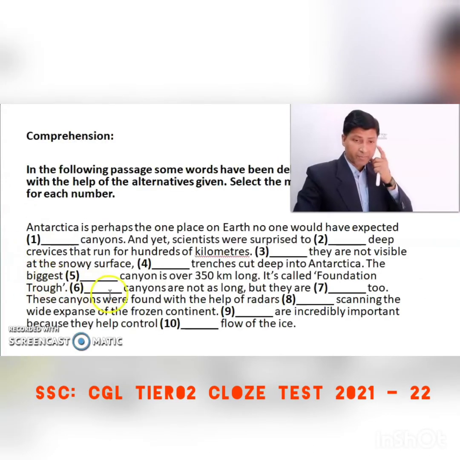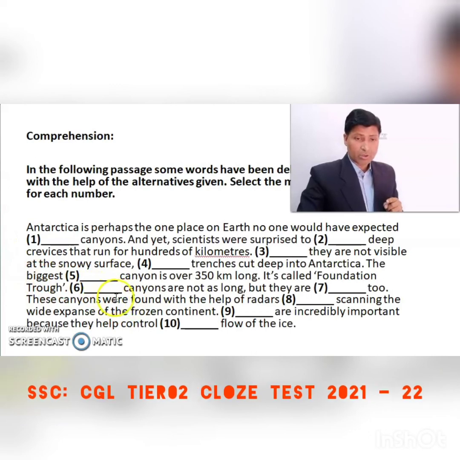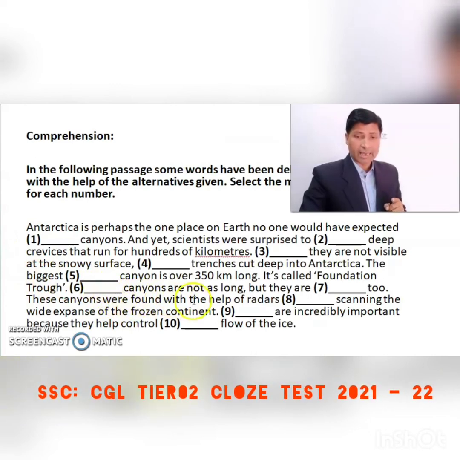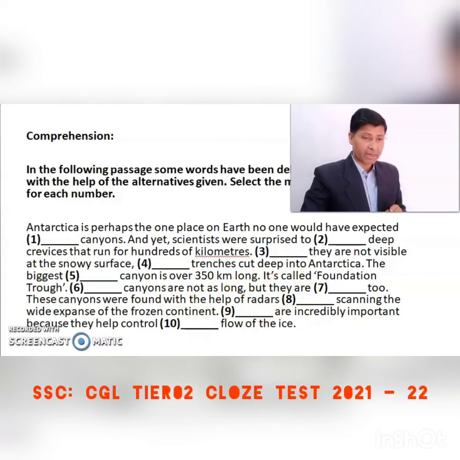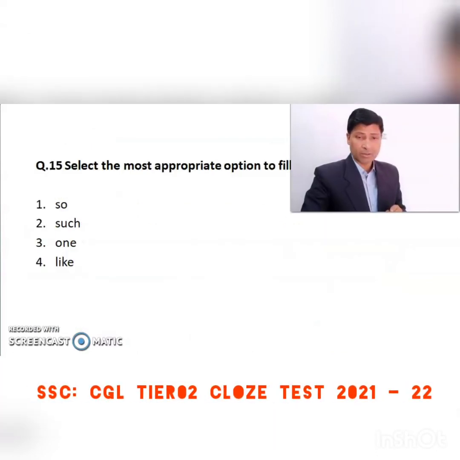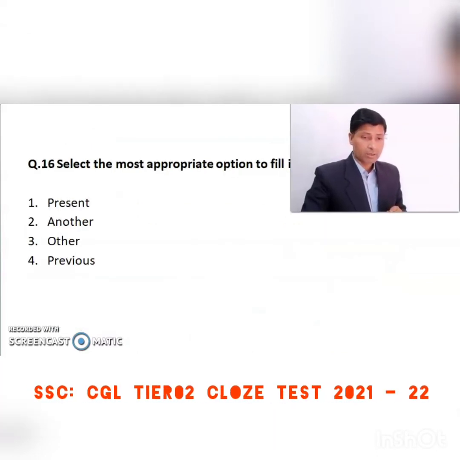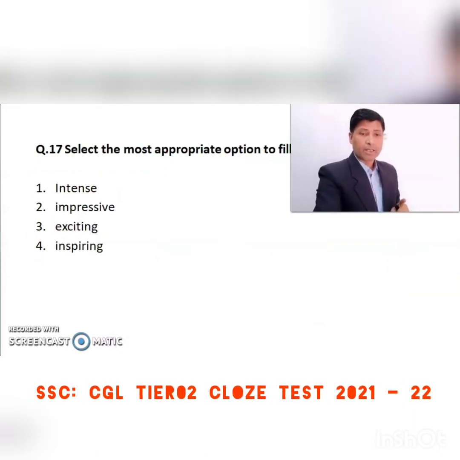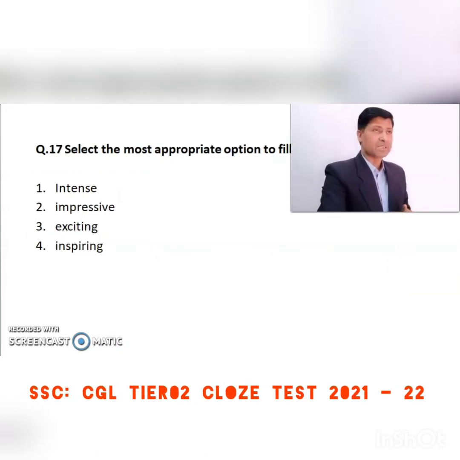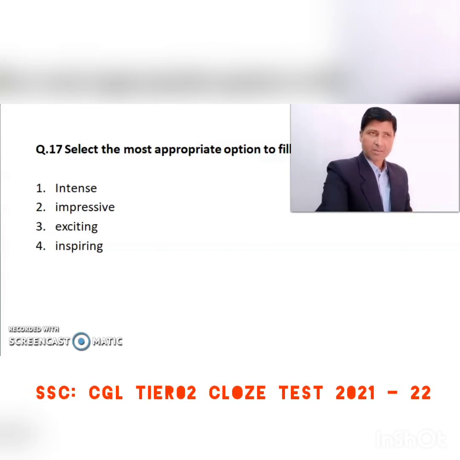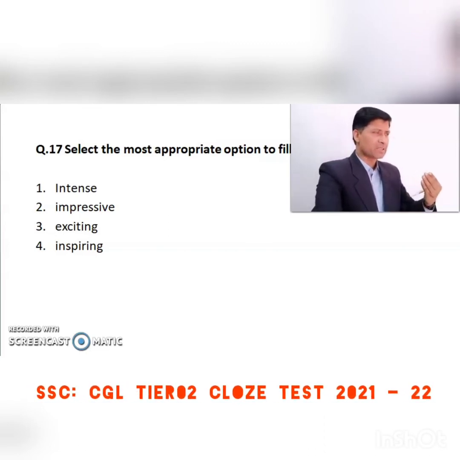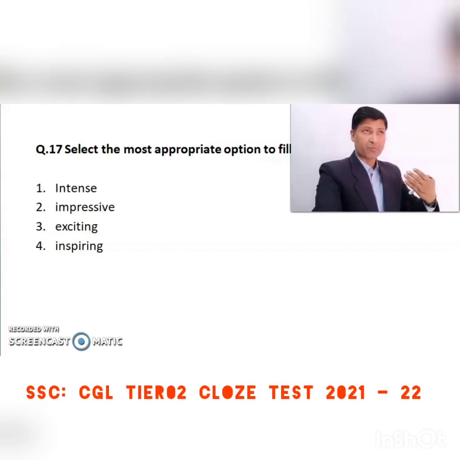Now look at the next question. Other canyons are not as long, but they are, so what will be number 7? Intensive is used for, say, feeling, anger. Impressive is used when something is famous for its size, for its height.